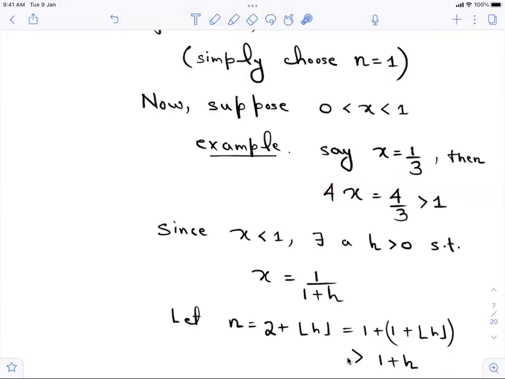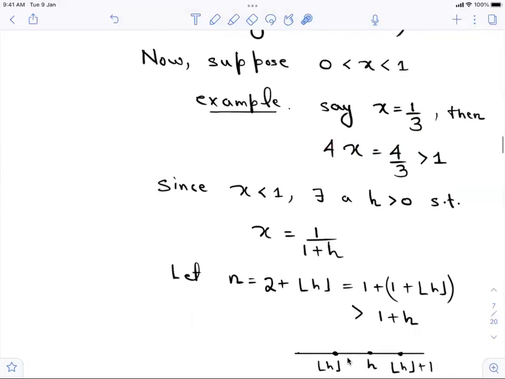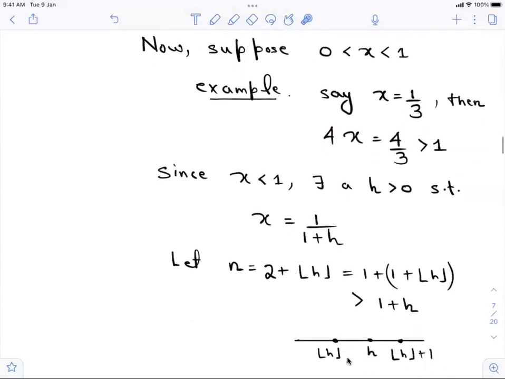So I'm going to proceed in a similar fashion in the case where x is not a given fixed number. Okay, so first of all, since x is less than 1, I can write x as 1 by 1 plus h. The unique choice of h here is going to be 1 by x minus 1.